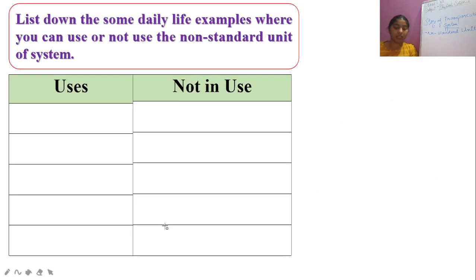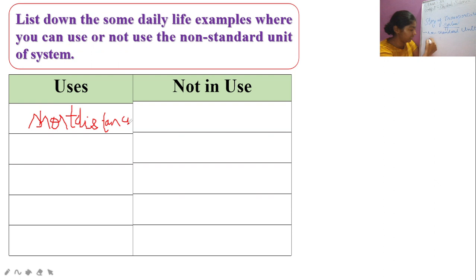Yes students, if we talk about uses, we can use it in a situation where two students are fighting, so we can use such measurements for the shorter distance, right? But if we talk about long distances, like car travel, suppose I'm living in Ambala, in Haryana, and I want to go to Rewari, and I have to measure the distance between them.